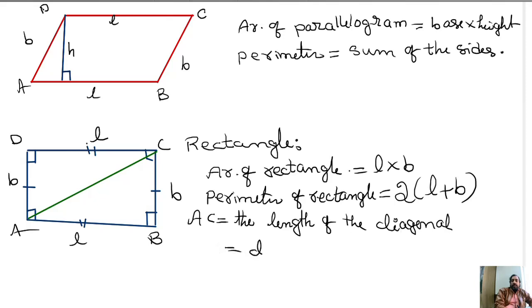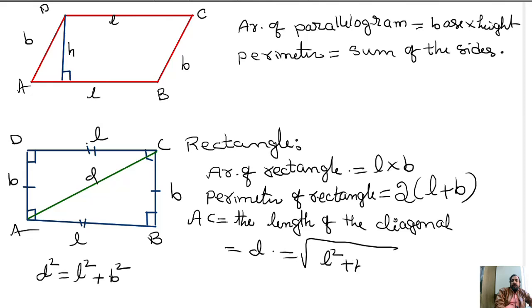I am taking the length of the diagonal as D. Applying Pythagoras theorem, D square is equal to L square plus B square. Hence D is equal to under root of L square plus B square. Length of the diagonal.